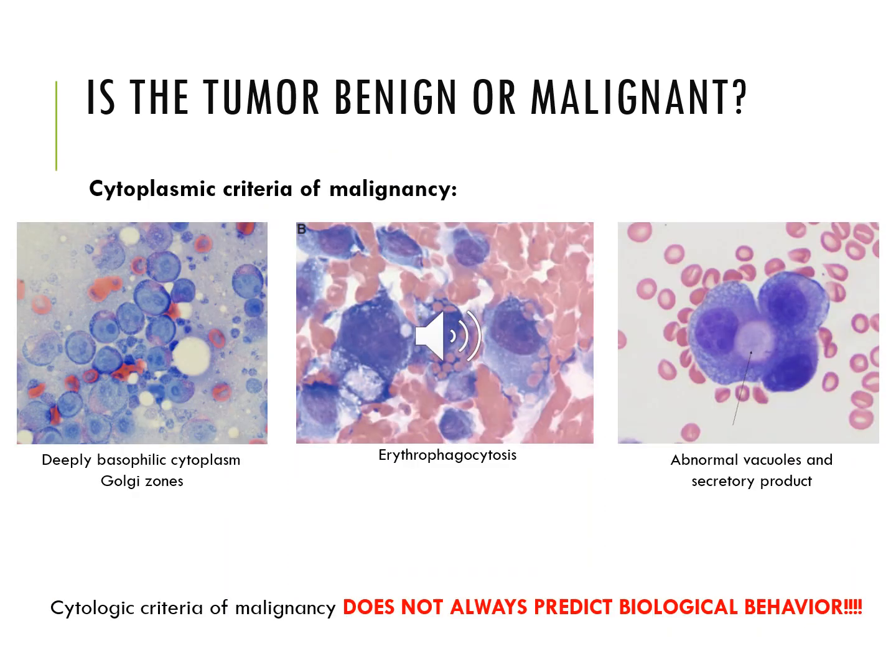There's also some cytologic criteria of malignancy that we frequently look at when assessing a cellular population. On the left-hand image here, we have a population of neoplastic lymphocytes. These cells have the open chromatin that I just discussed previously. It's very lightly basophilic, and then it has this deep rim of basophilic cytoplasm surrounding it.